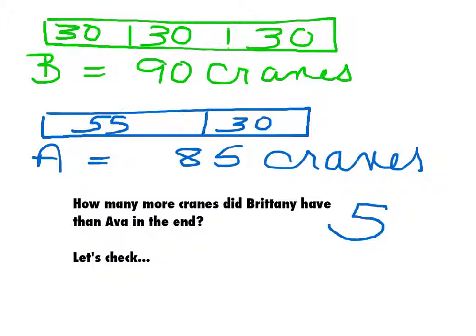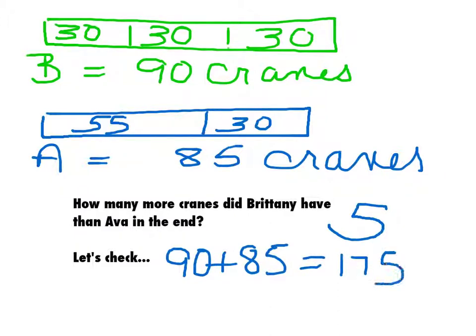At the beginning, it said that Ava made 100 and Brittany made 75. That's 175. If we now have 90 plus 85, we still have 175 cranes even after all of the changes.